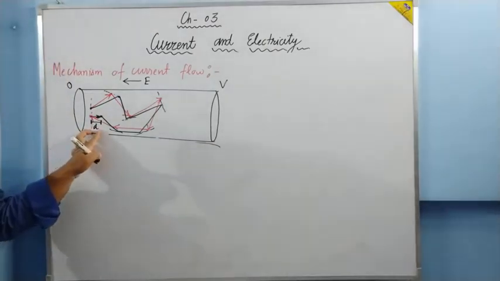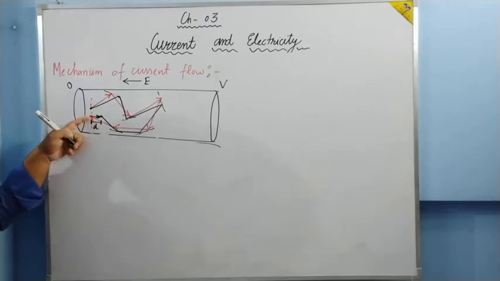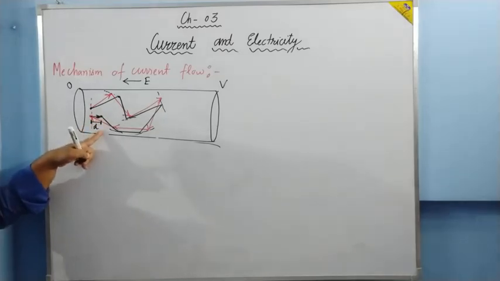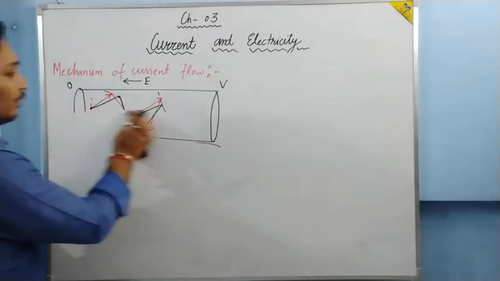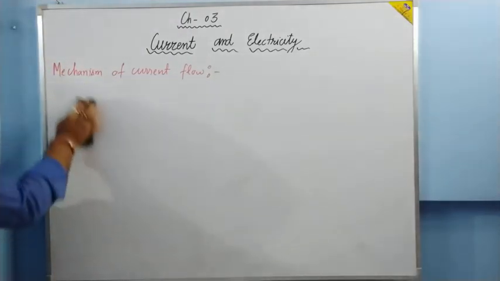Now we have a net motion. Earlier it reached this point, so no net motion was there, but now it reaches this point. So it has a net motion. Net motion upon net time, what are we going to have? Electric current. So this is what the drift velocity is.